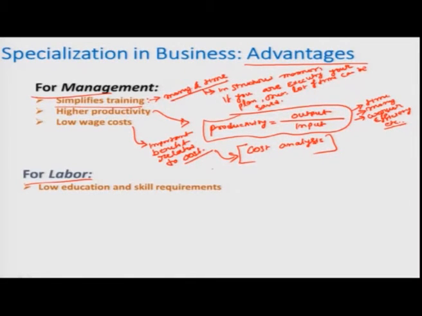And for labor: low education and skill requirement. It means if you have planned a proper job design for your organization, then you know how many workers are required, skilled and unskilled. So, you can estimate the number of skilled and non-professional laborers required for the organization.